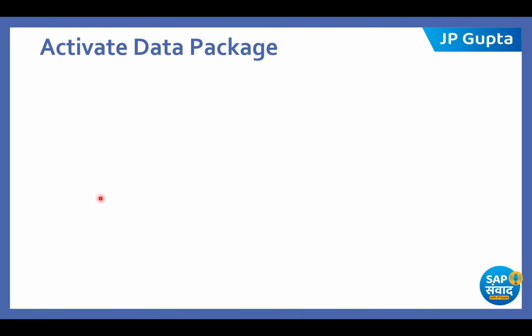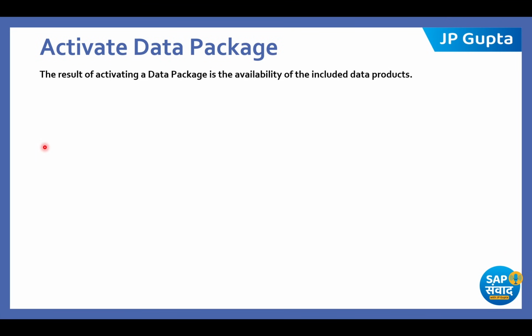Now, how do you activate a data package, and what happens when you activate one? As we discussed, the result of activating a data package is the availability of the included data products. Once you activate a data package, all the data products under that package become available.